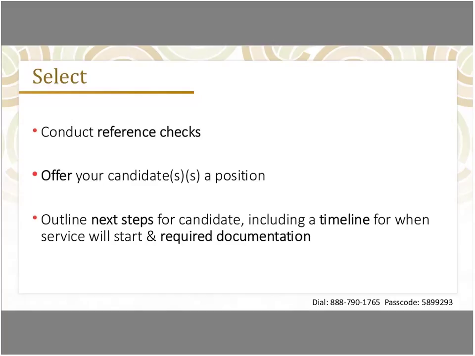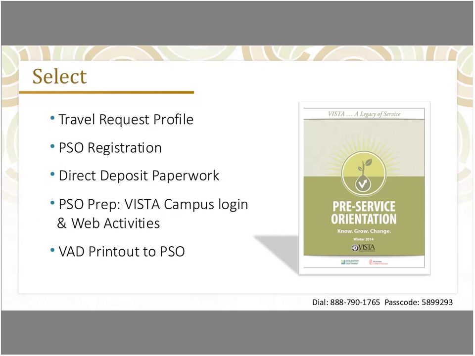Now, if you don't want the candidate, you don't have to do anything, and all the time that you have used will be wasted, and no one has time for wasted energy. So, looking at your next steps, what are required next steps? The travel request profile that really gets them registered for the PSO, and direct deposit paperwork.